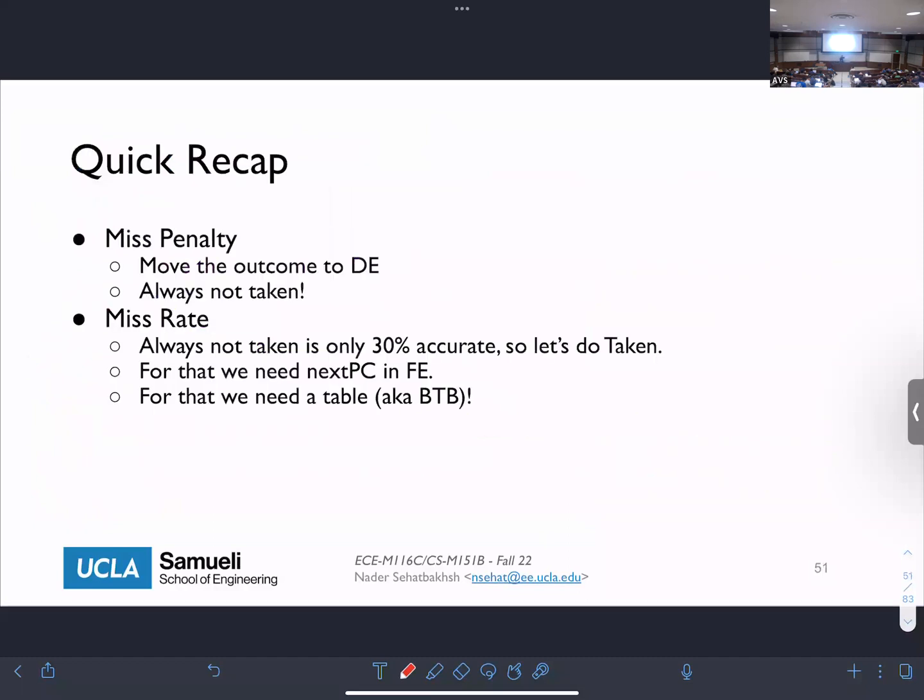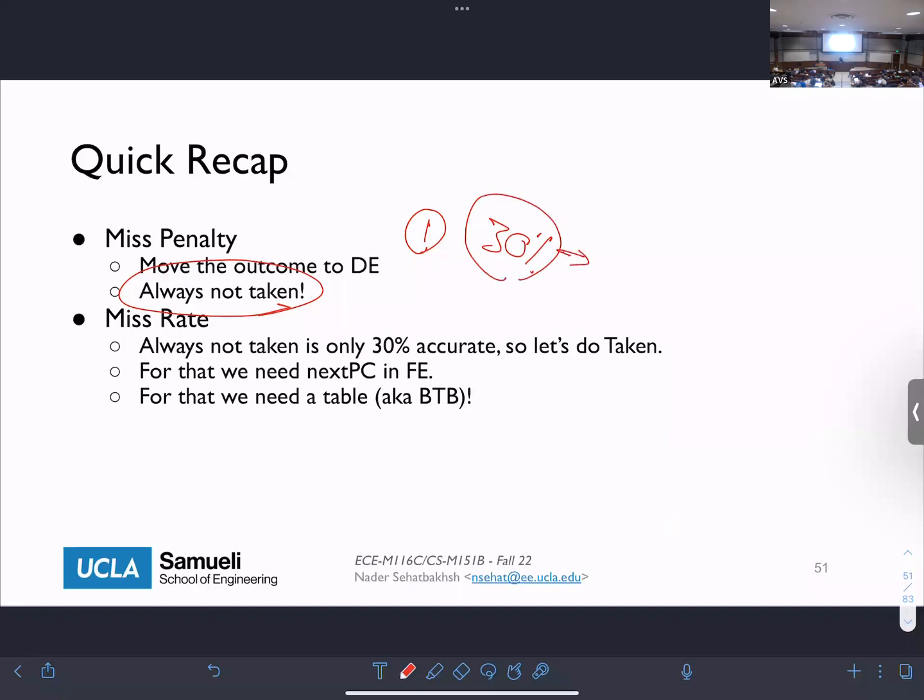So again, quick recap, a step back. We talked about miss penalty. We talked about moving the decode, everything to the decode stage, and we always predict not taken at that stage. We said that basically our miss penalty is one cycle, and our accuracy is 30% for branches. So how do we improve this?